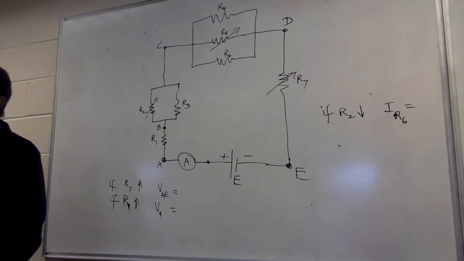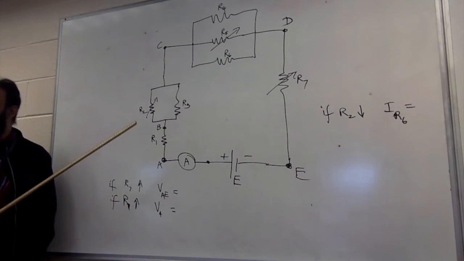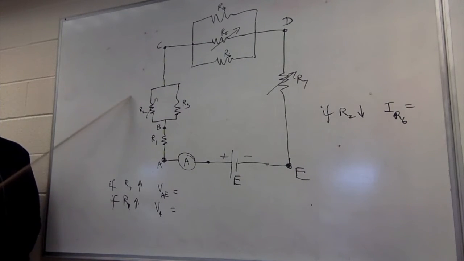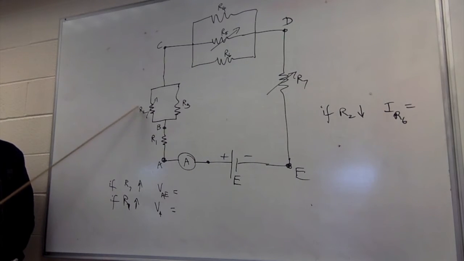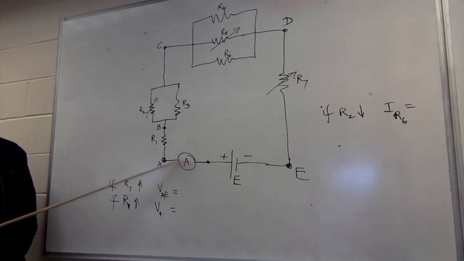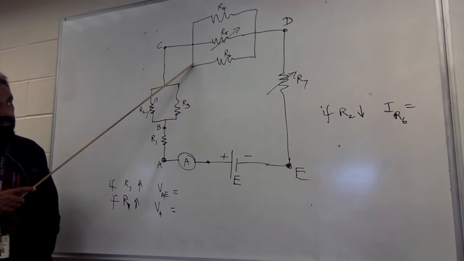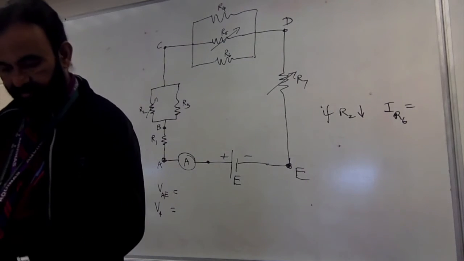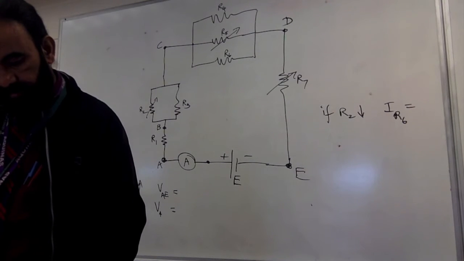Yeah. Increases. Why? Because the current is more because the resistance dropped. When the resistance went down, the equivalent resistance also went down. That will increase the current. When that increases the current through this section and this section and this section, all of them are supposed to increase. Good. That's one part.